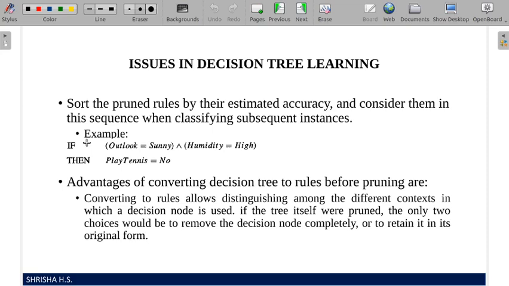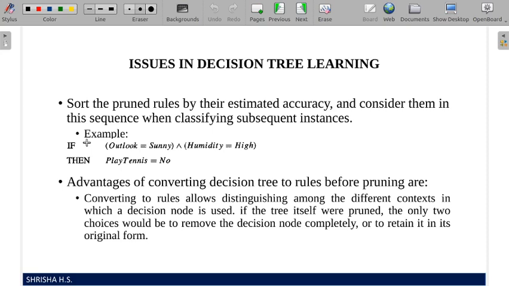This is possible only in a rule base. So we have greater control over the tree pruning when we convert from decision tree to rules. What we are doing is deleting only one path instead of the entire subtree. That's what the point is telling.